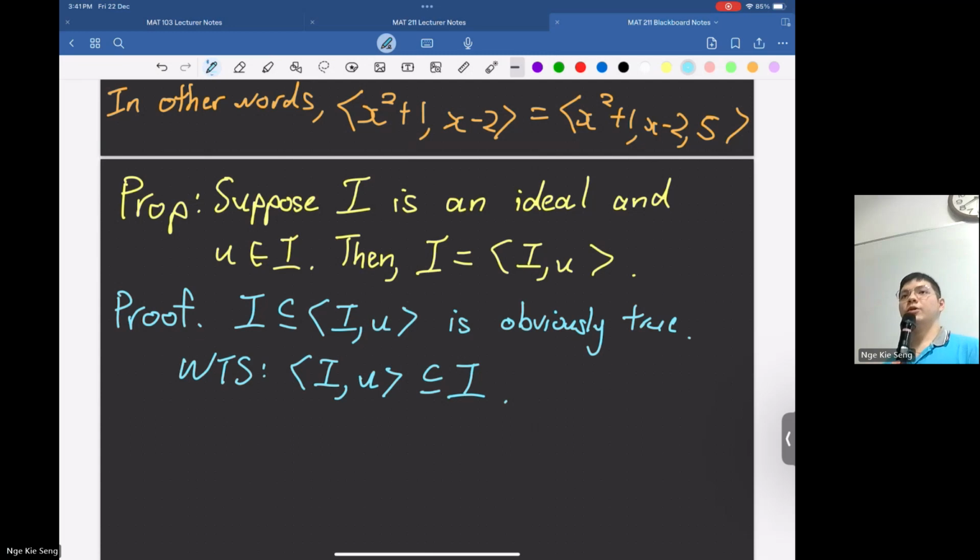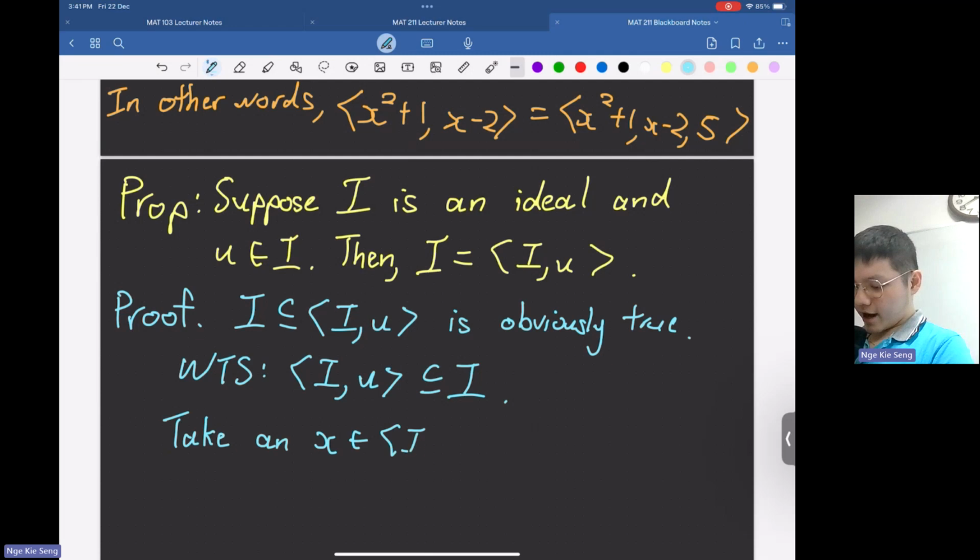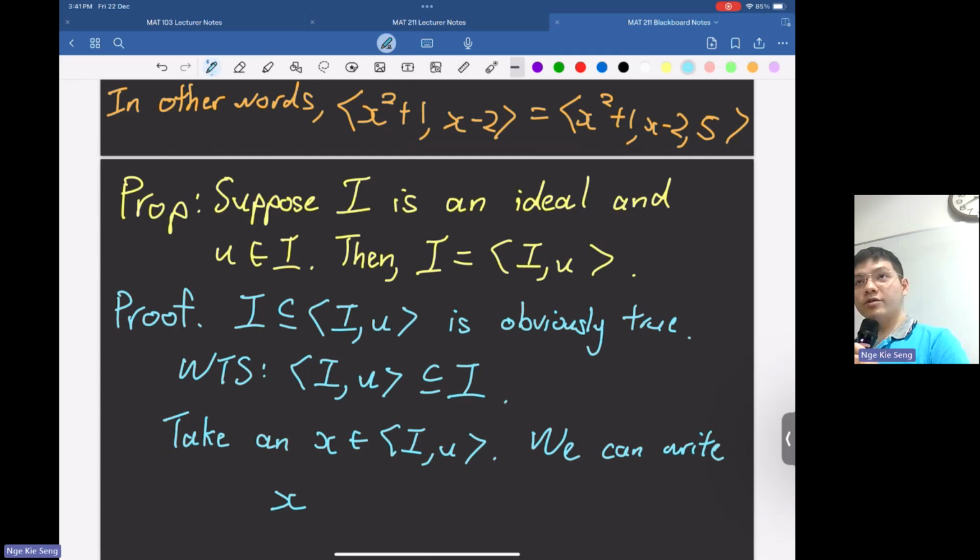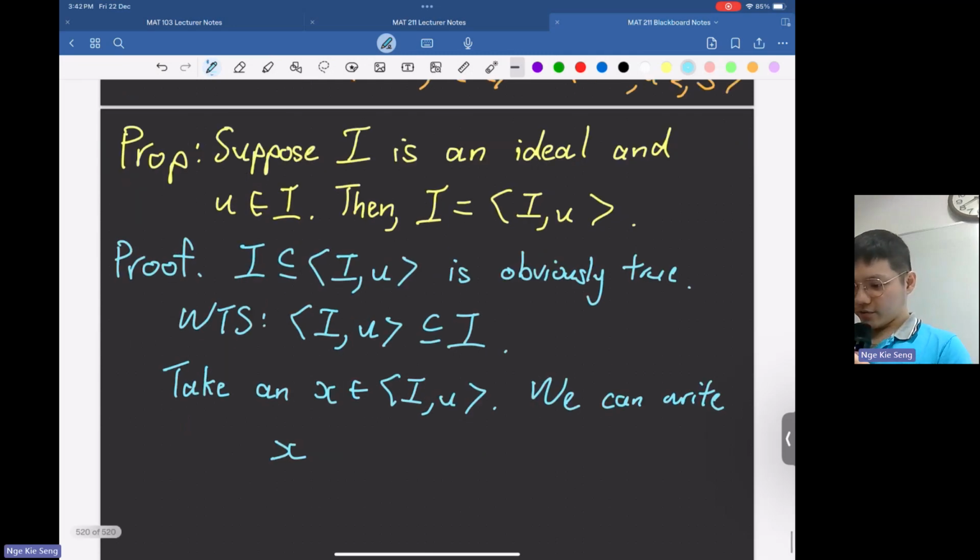So the ideal generated by I and u is what? Take an x in the ideal generated by I and u. We can write x equals to a linear combination of things in I and u.